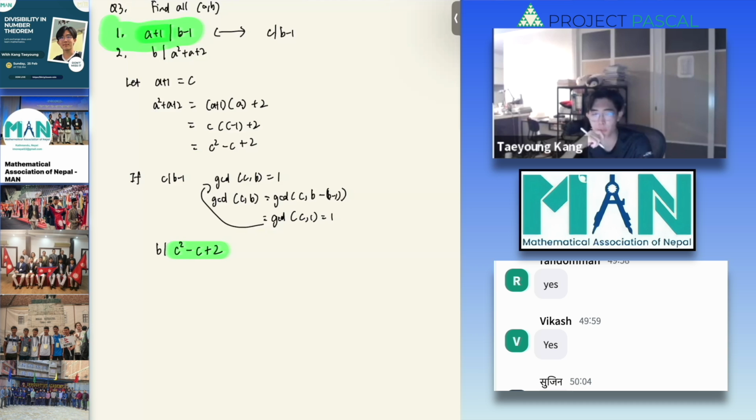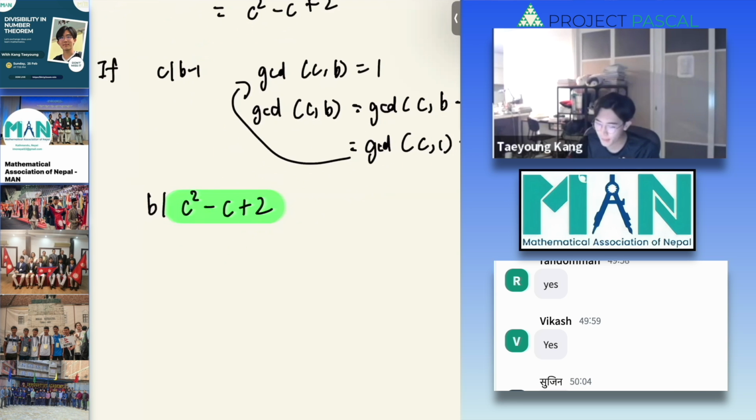The motivation is that the size of the left hand side as compared to the right hand side should be approximately the same in order for us to carry out some sort of size bounding. But currently, the left hand side is a degree 1 expression, and the right hand side is a degree 2 expression, because we have a C squared here. So in some sense, the right hand side is still bigger than the left hand side.